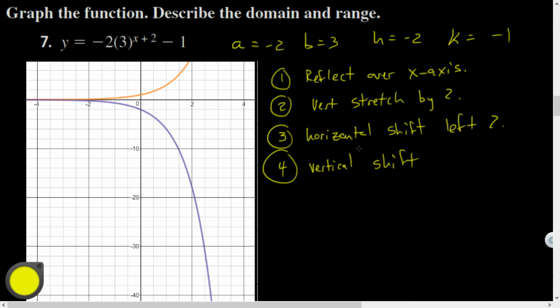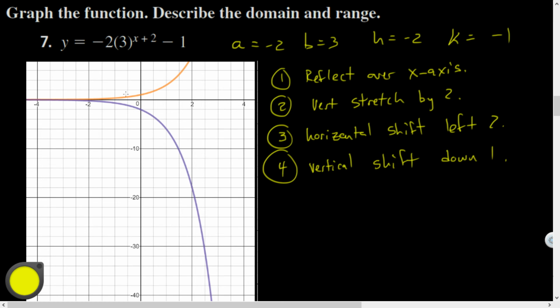Which way is that going to move it? What's this -1 do to my graph? Well, it's being subtracted from it. All of these values are being subtracted by 1. So it's a vertical shift down 1.